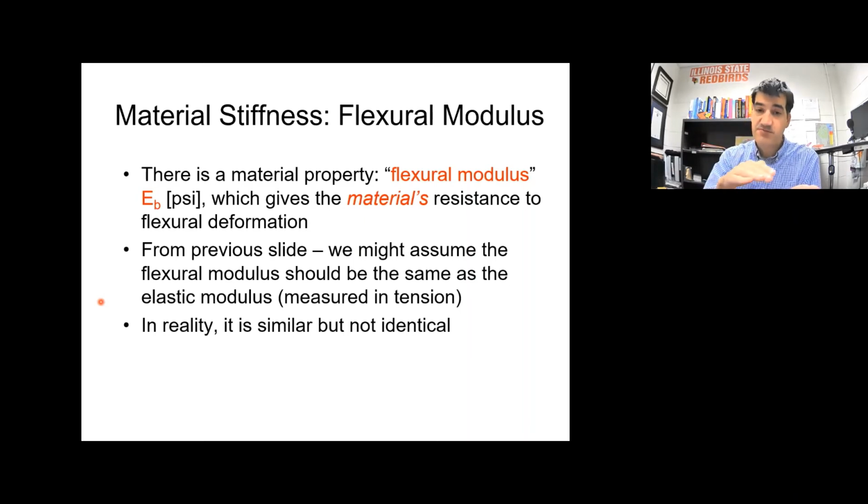And that material is reinforced by the material above it, which has a lower stress yet. So as a result, they're similar, but they're not going to be identical. The flexural modulus is not going to be identical to the elastic modulus in tension.